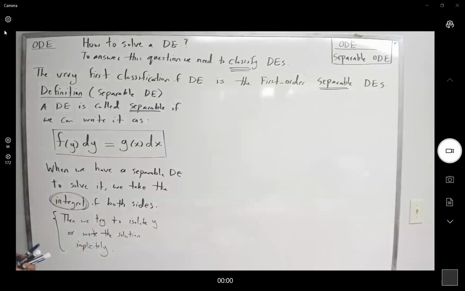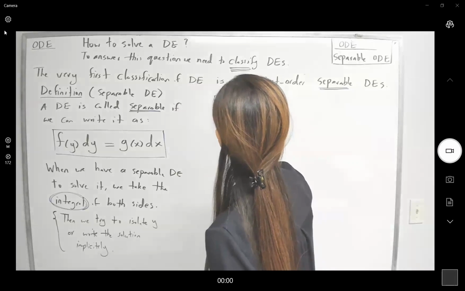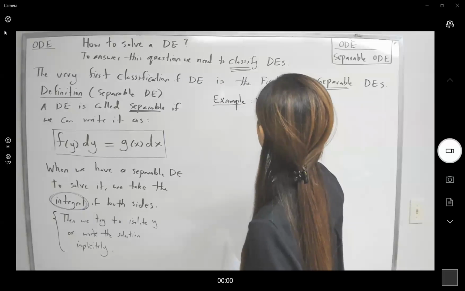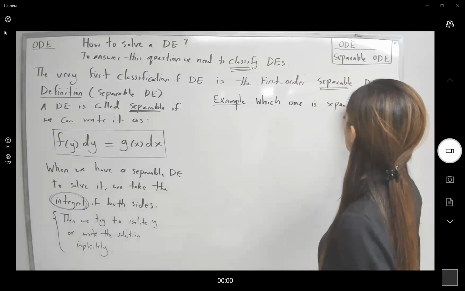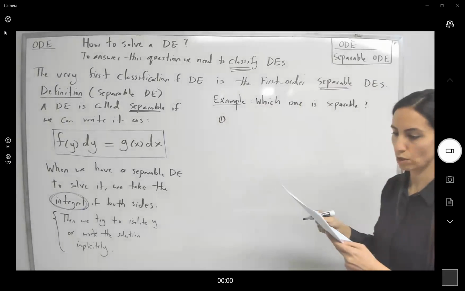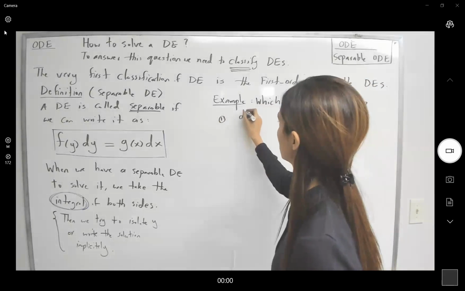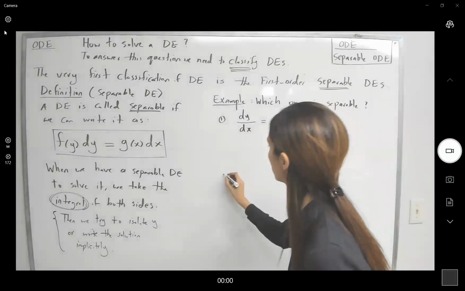Okay, give us an example. The first example is this. Which one is separable? The first one is, well, dy over dx is x squared.